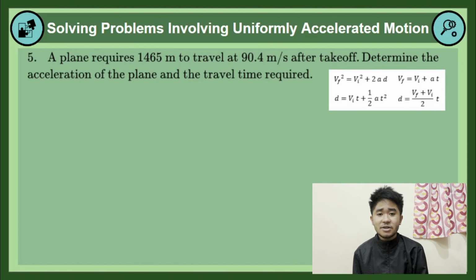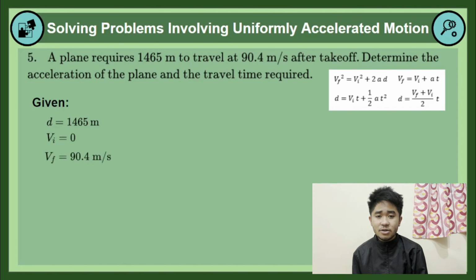Determine the acceleration of the plane and the travel time required. So, here are the given. Distance is equal to 1,465 meters, initial velocity is equal to 0, final velocity is equal to 90.4 meters per second, and we need to find the acceleration and the time.